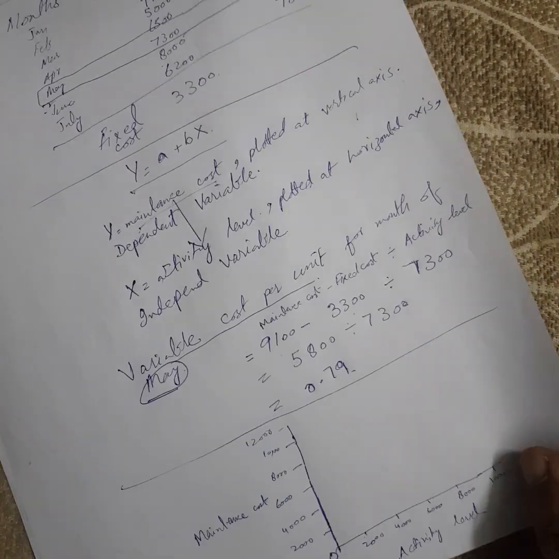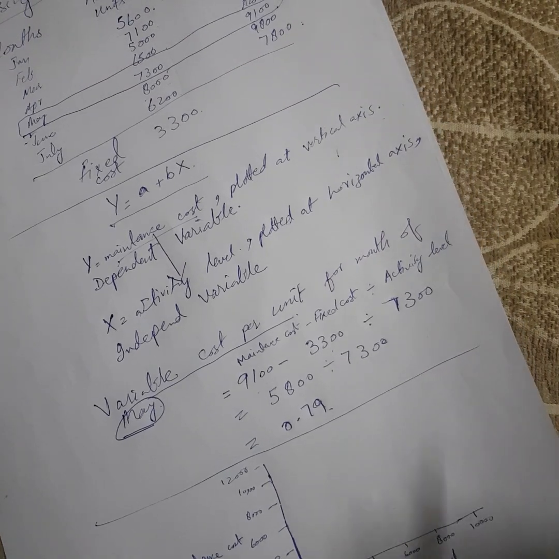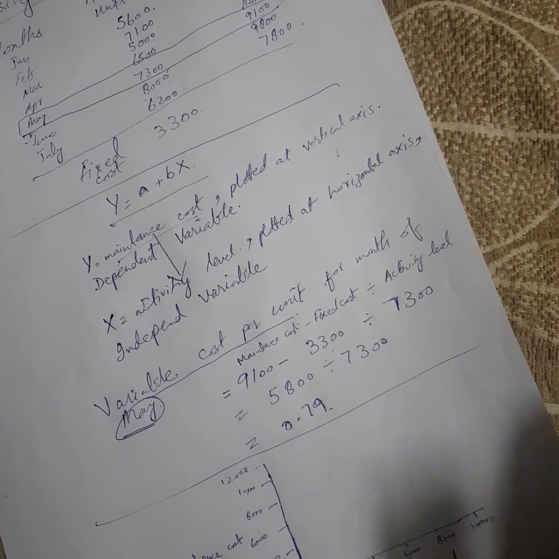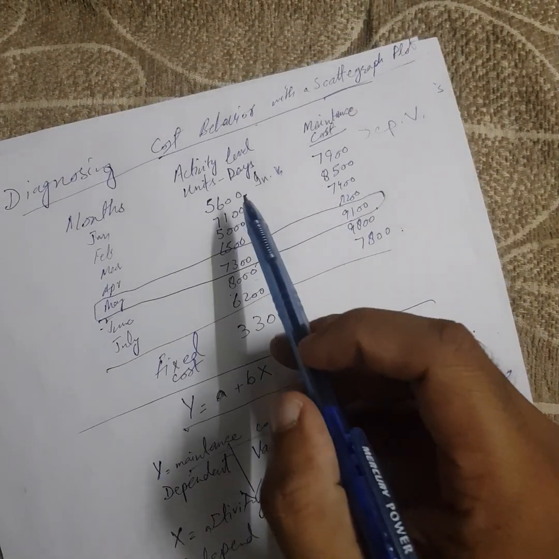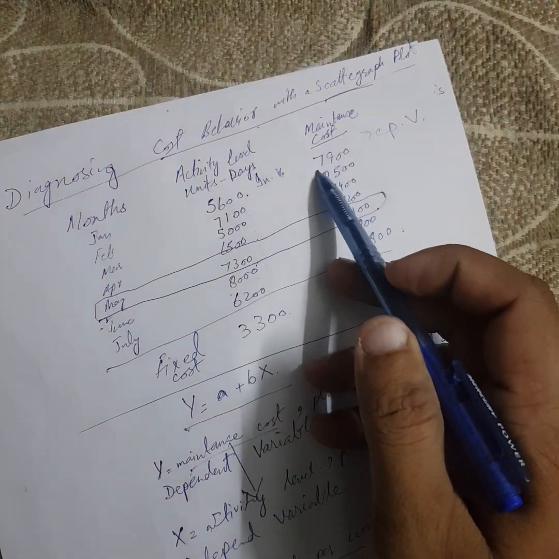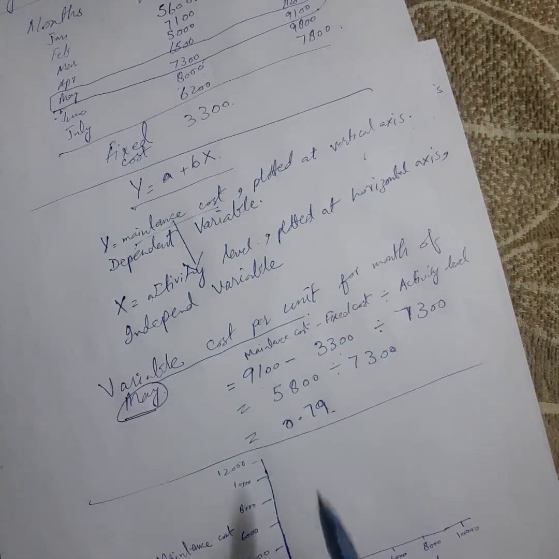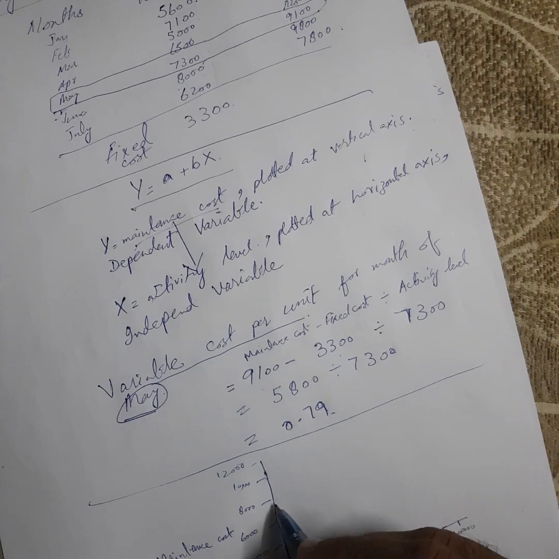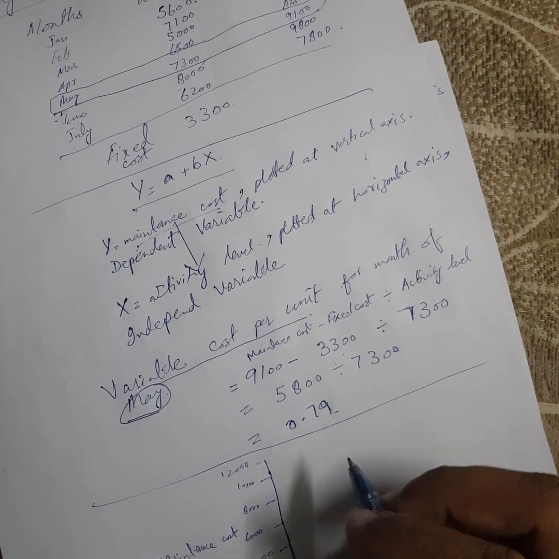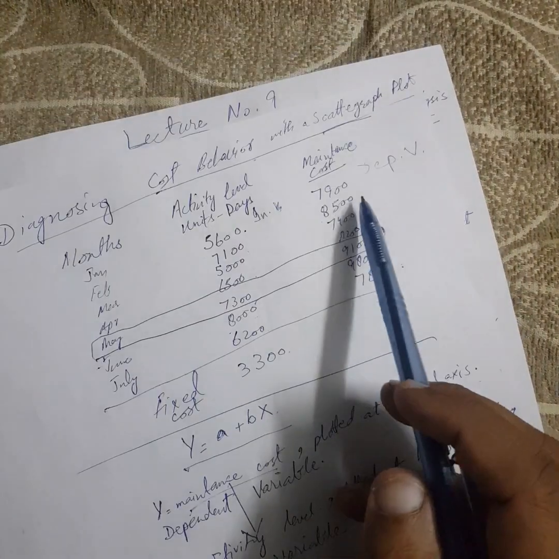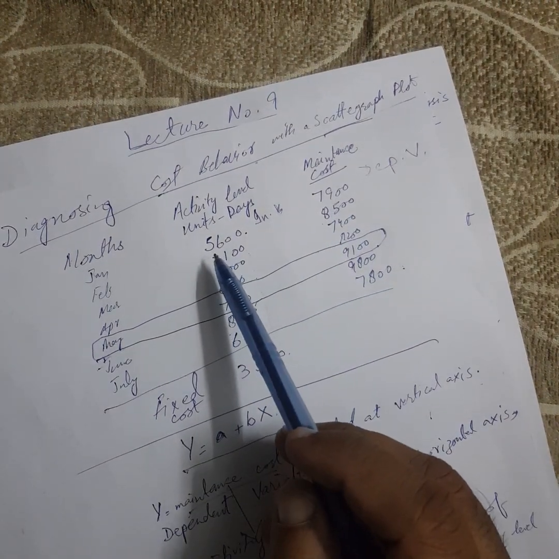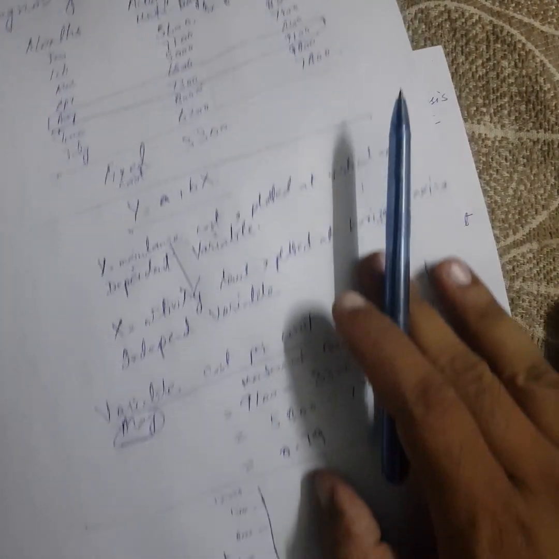Now it is time for plotting the scatter graph. In January our maintenance cost was 7,900 and our activity level is 5,600.